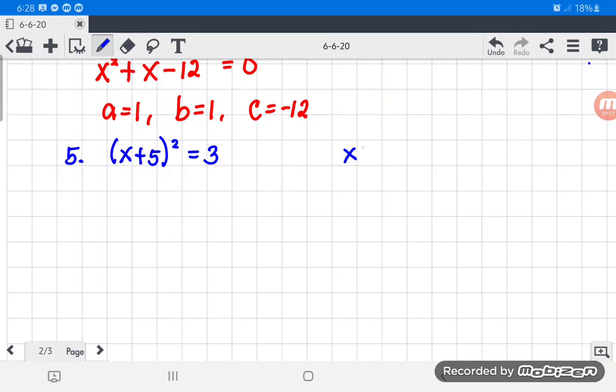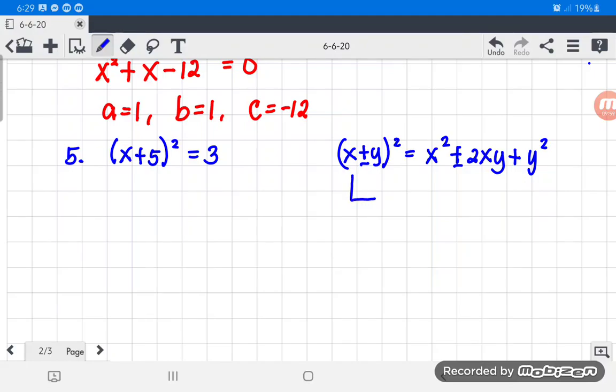We have x plus y squared. What you are going to do is square the first term. We have x squared. This is the first term, and this is the last term or the second term. Then plus twice the product of the first and the second term, plus the square of the last term. If this is minus, then this is also minus.